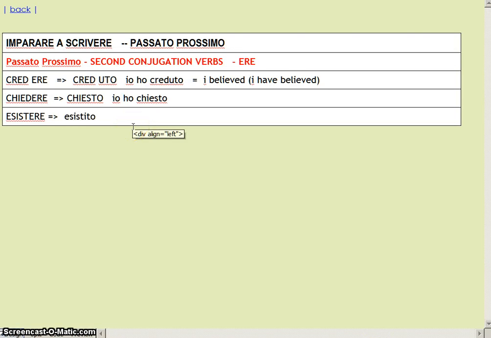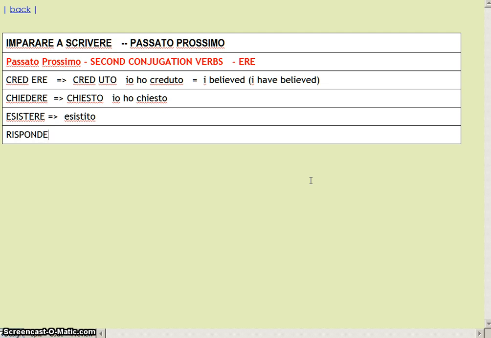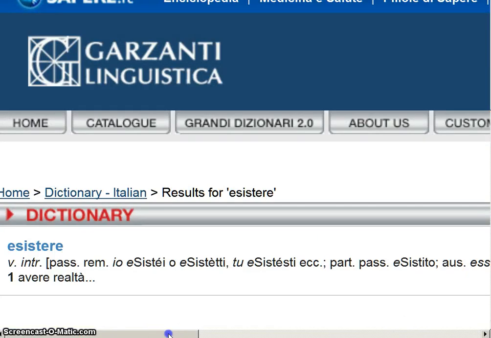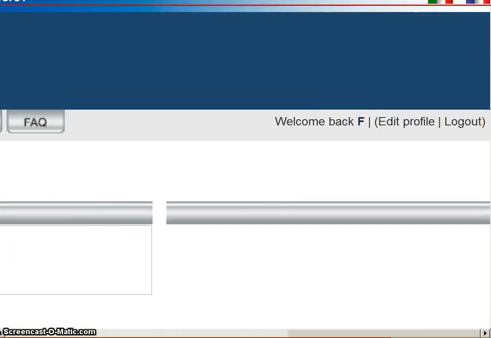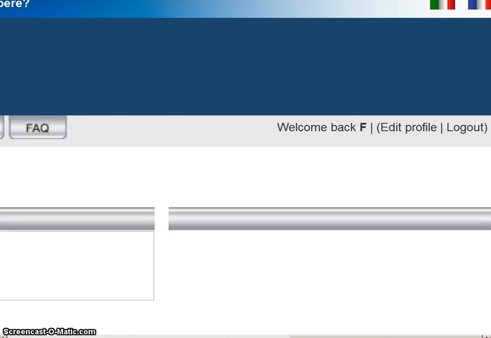I will not write the form of the passato prossimo because since this is intransitive, it will require a particular operation. Let's go to another verb, very common, that you find. Rispondere. Rispondere means to answer. So we go again to our Garzanti, find the search function.